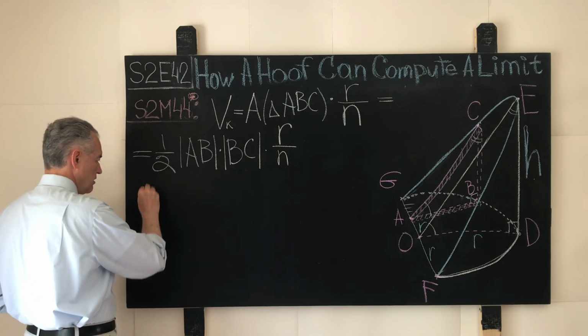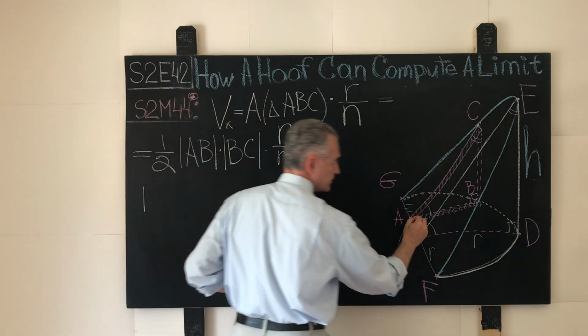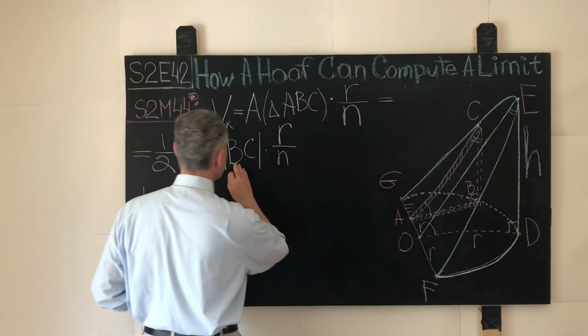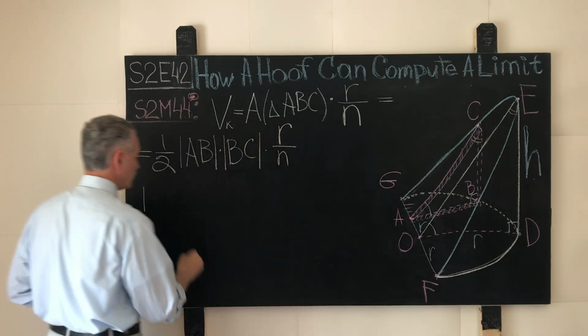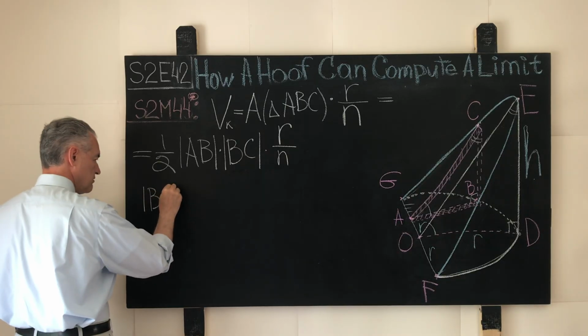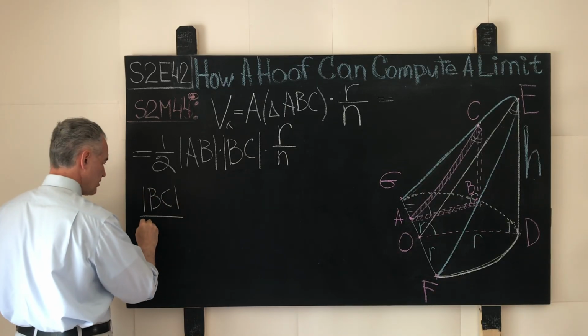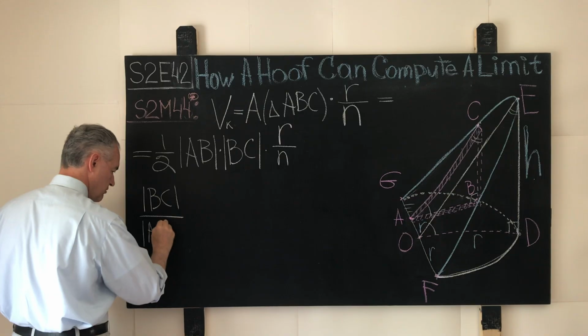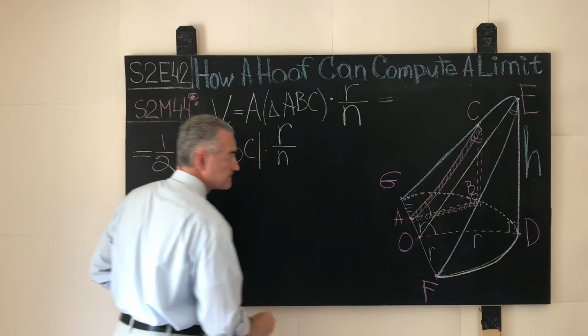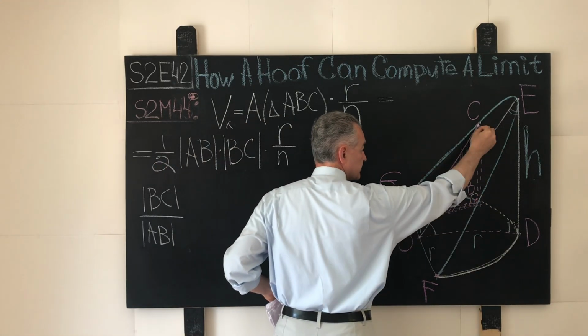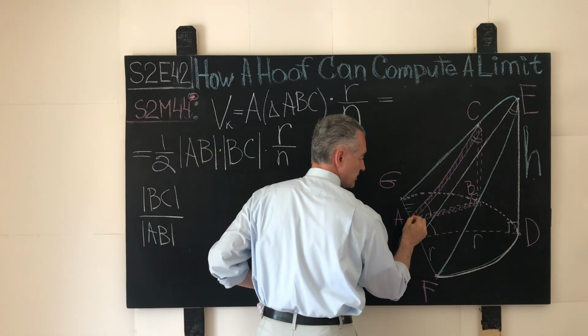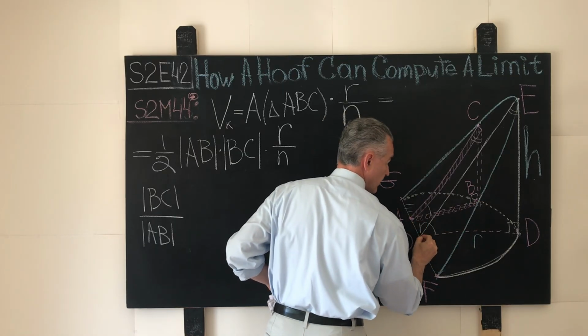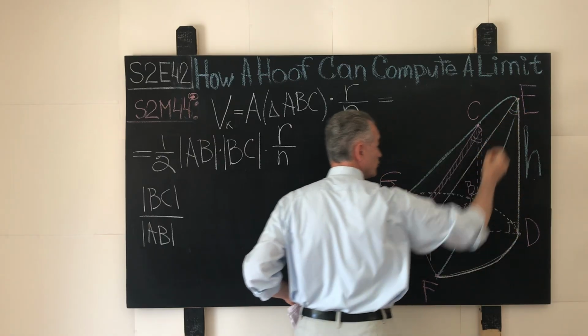And from that observation, we have what? The length of the side AB. We're trying to find BC. Okay, let's write down BC first. So the length BC is in the same ratio to the length AB. Let's see. The length BC is in the same ratio to the side BA as what? As the height of our hoof.